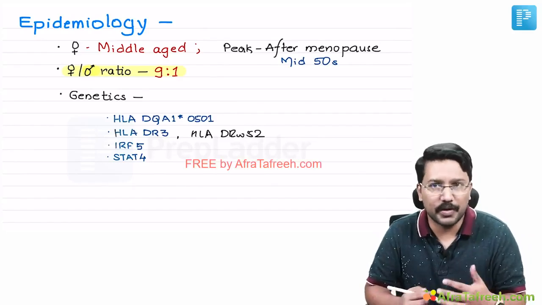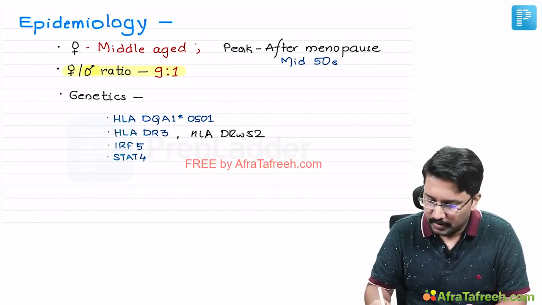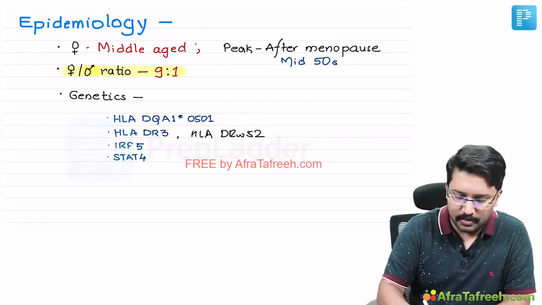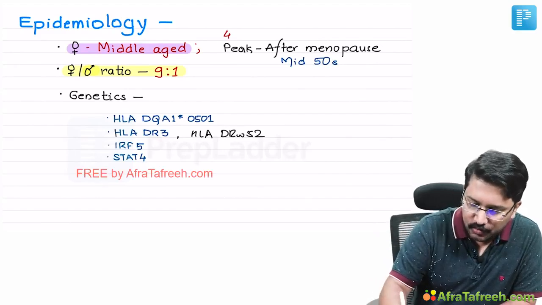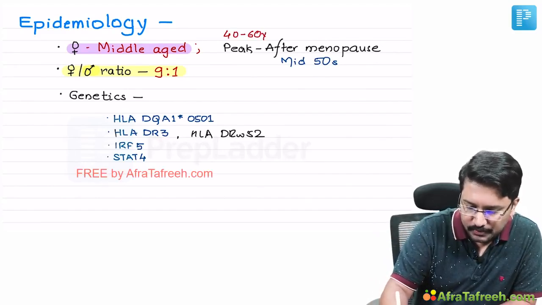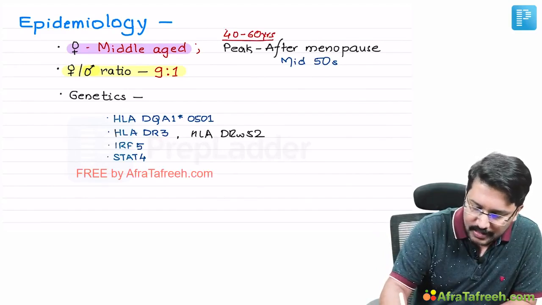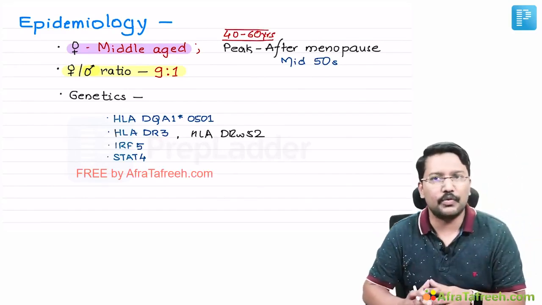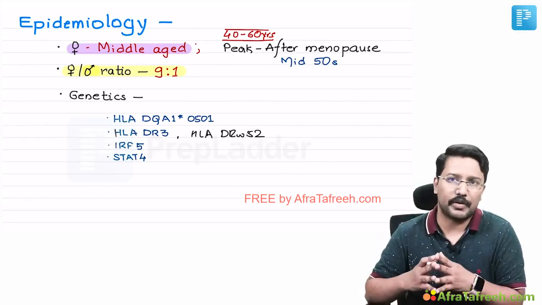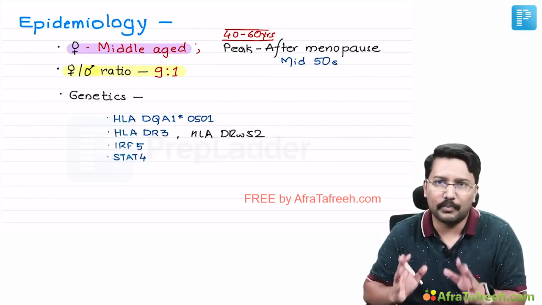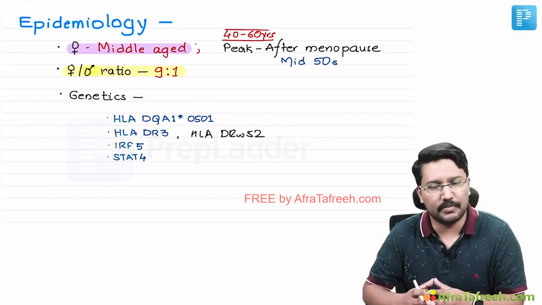A typical patient is going to be a middle-aged female, with an age range of 40 to 60 years. If an MCQ specifically asks about the peak age of presentation, that is usually after menopause, somewhere in the mid-50s.